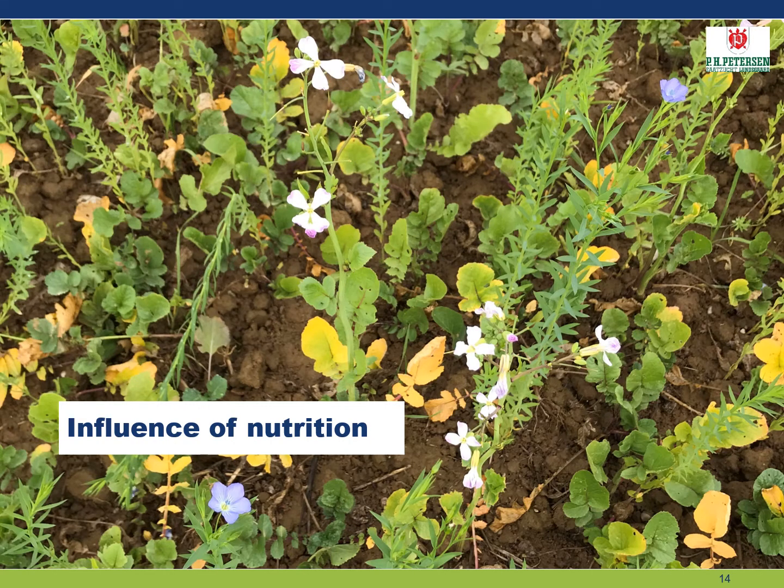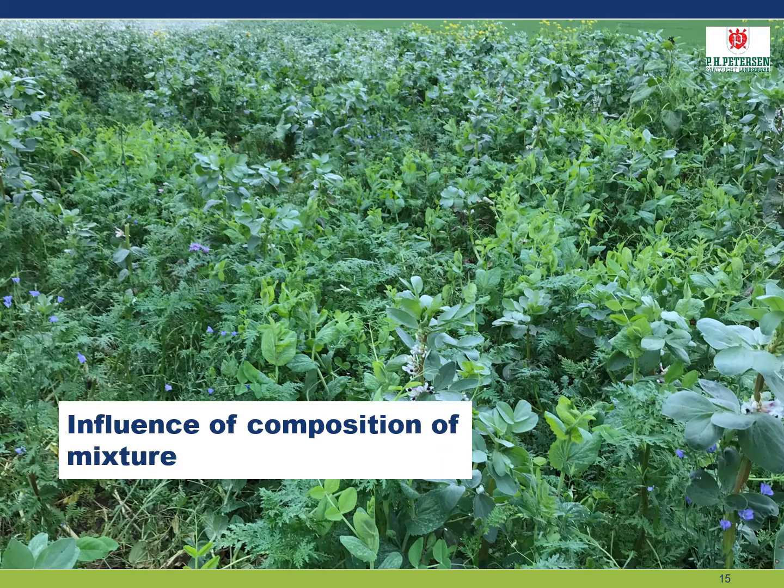Here we see also a low biomass production, a fodder radish grown together with a linseed, but the nutrient content of the field was very low. Here we have a mixed cropping of legumes and other cover crops with a high biomass production.